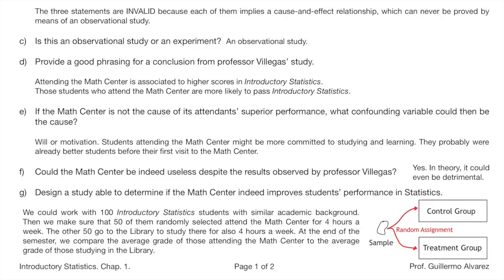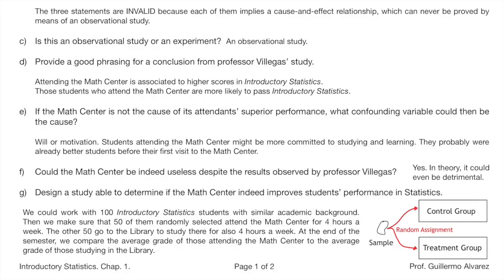Here we have a treatment group, those in the math center, and a control group, those in the library. Notice that the library and the studying there plays the role of the placebo, or the old treatment if you prefer. It provides an experience similar to the math center, but without the very elements that are characteristic of the math center.